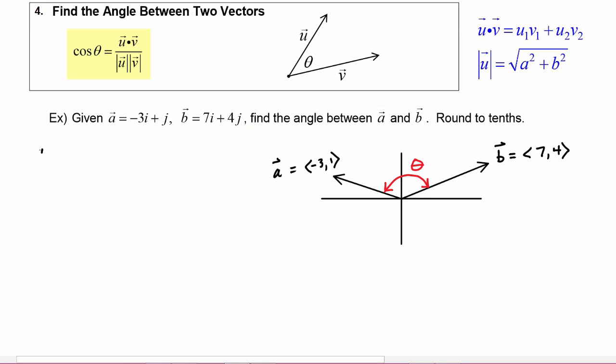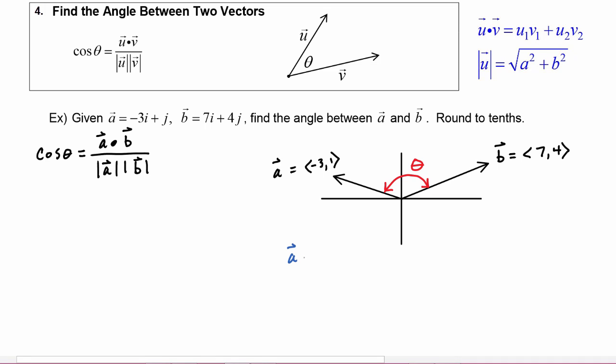We know that the cosine of theta is going to equal vector A dotted with vector B divided by the magnitude of vector A times the magnitude of vector B. So let's find each of these.